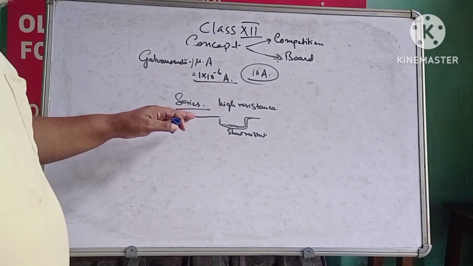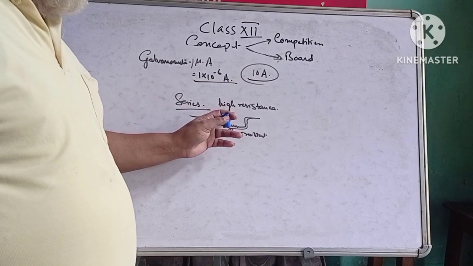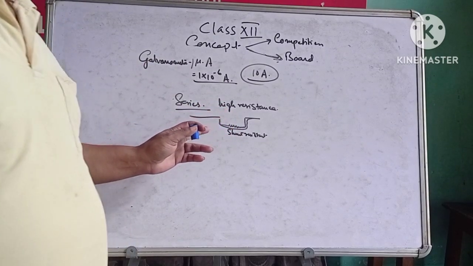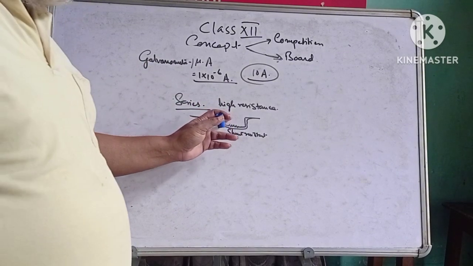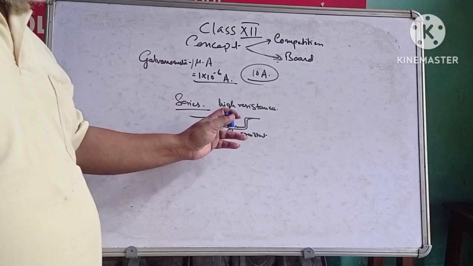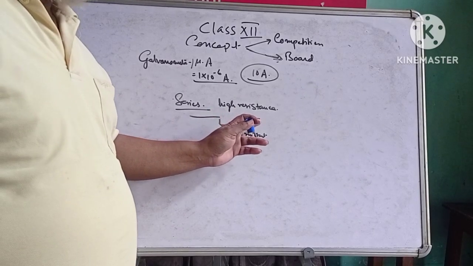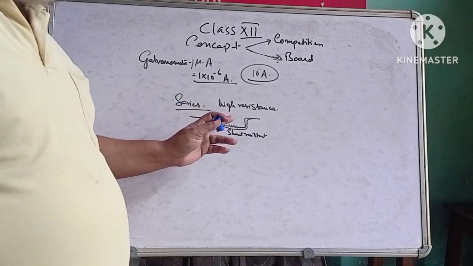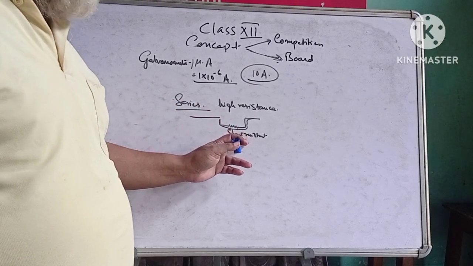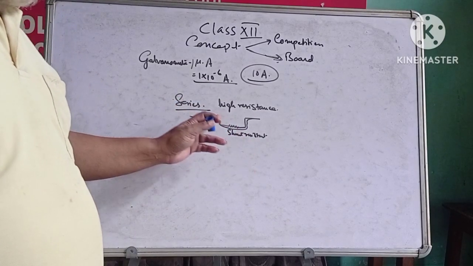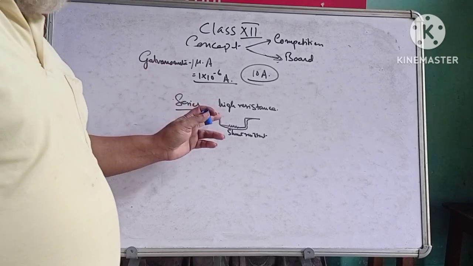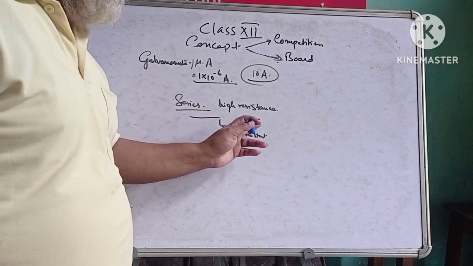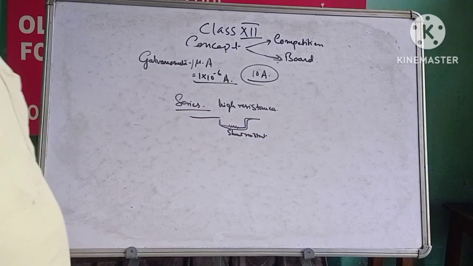Because a galvanometer has high resistance, to measure the current it is always connected in series. If we connect it in series, we won't be able to get the actual flow of current. So a shunt of low resistance is fixed parallel to the galvanometer, so that the maximum current flows through this shunt resistance.